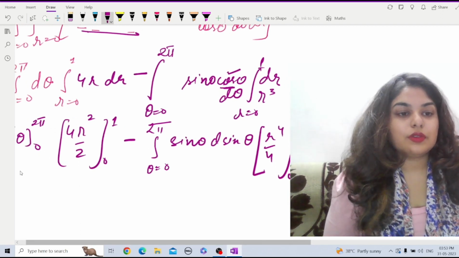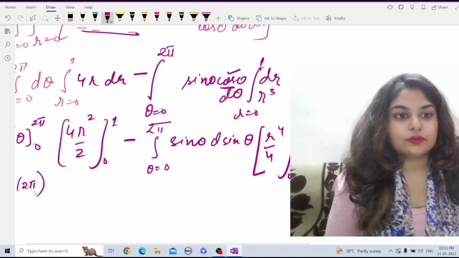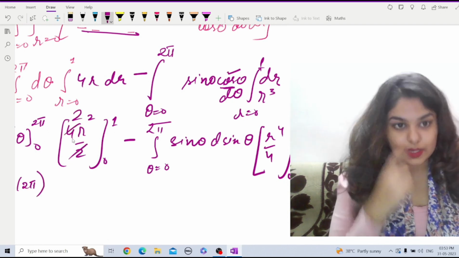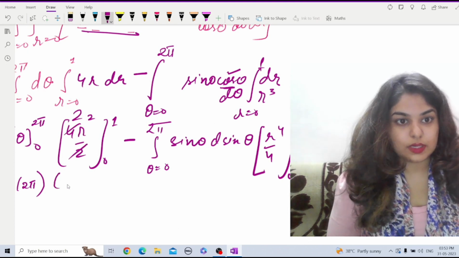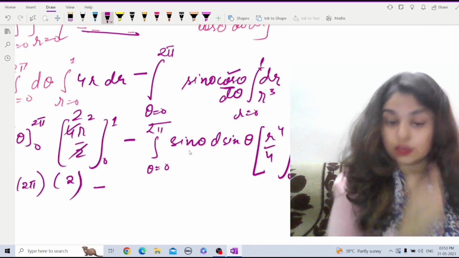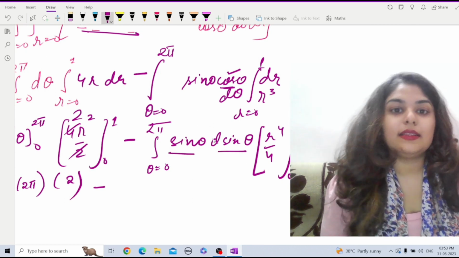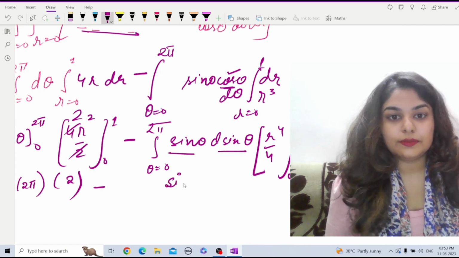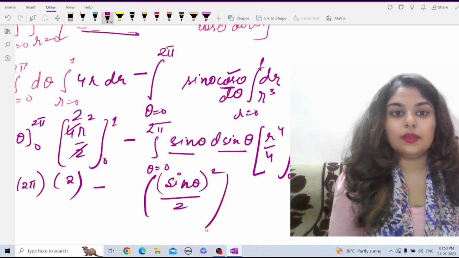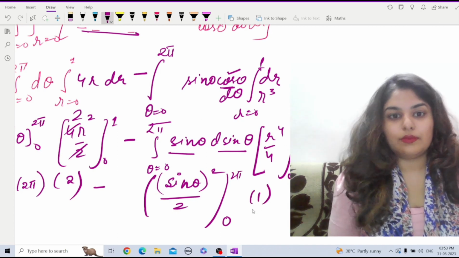Now if we put the values here, this is 2 pi minus 0, which is 2 pi. Here this is 2r square basically, so 2r square will be 2 simply. Now minus, if we take the sine theta d sine theta, this is just sine theta square by 2 within the limits 0 to 2 pi, and here this is 1 by 4.